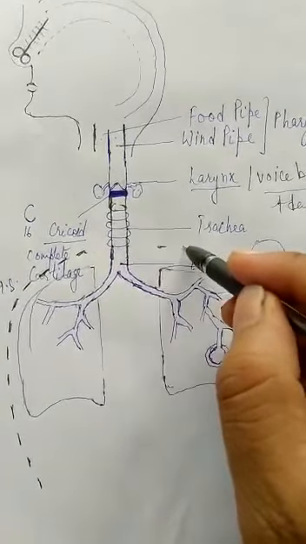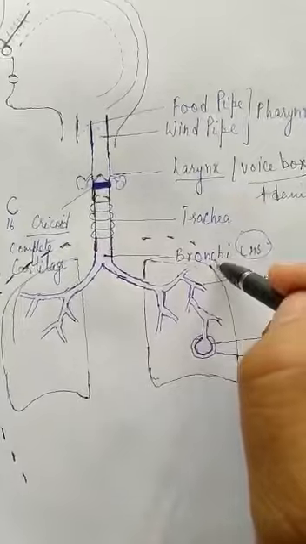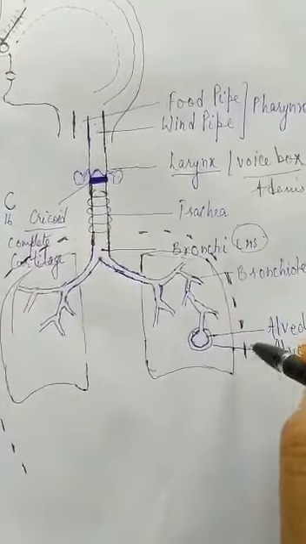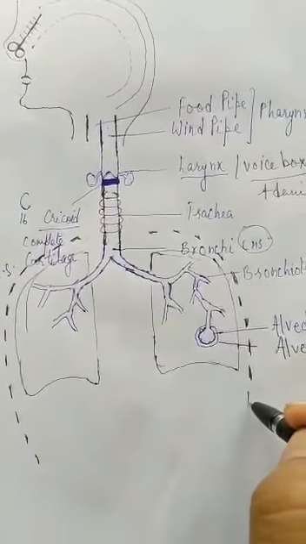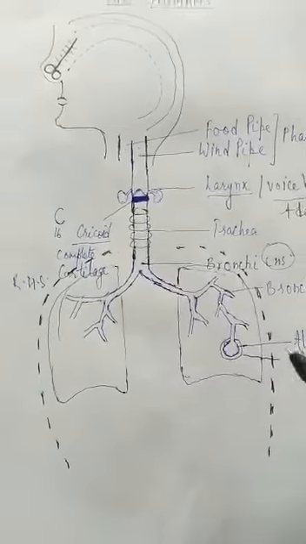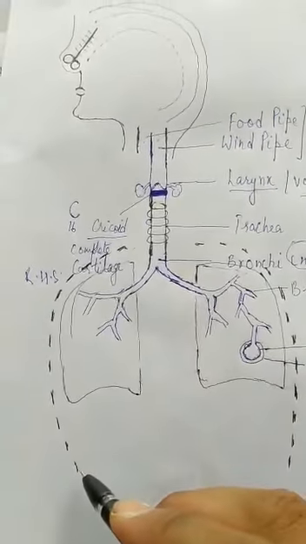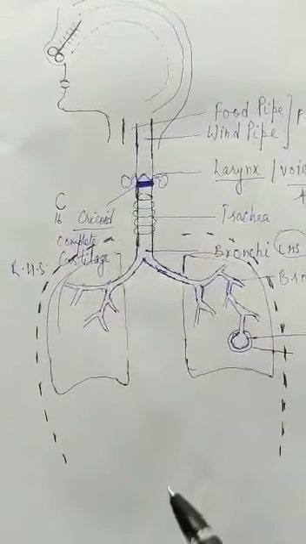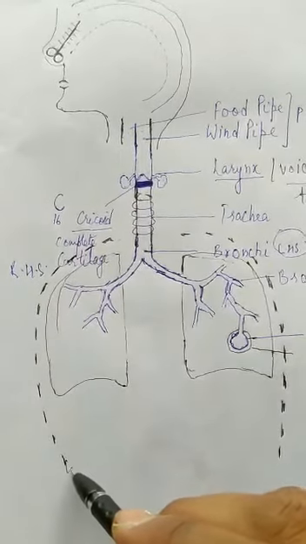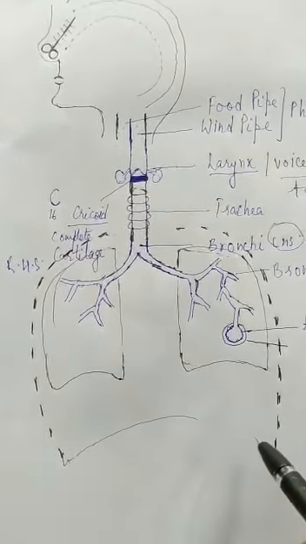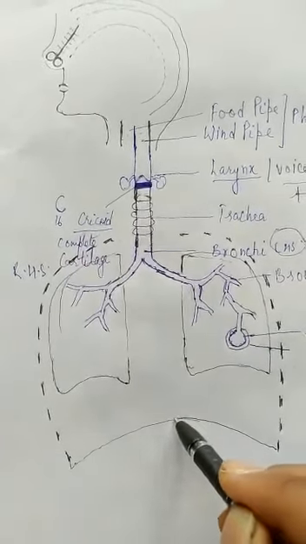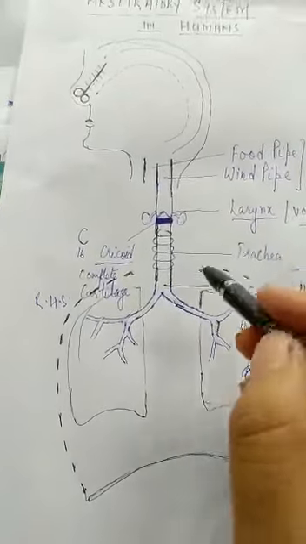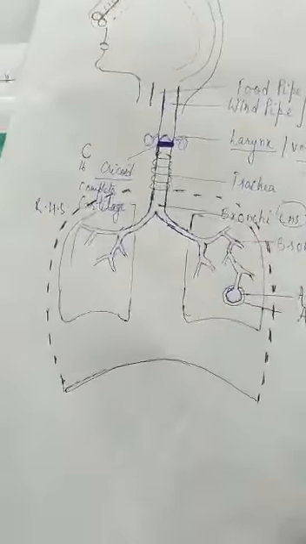Again 1 2 3 4 5 6 7 8 9 10 11 12. So these are 12 pairs of ribs that protect your lungs as well as the heart in between, right? And this region that I am drawing is the diaphragm.